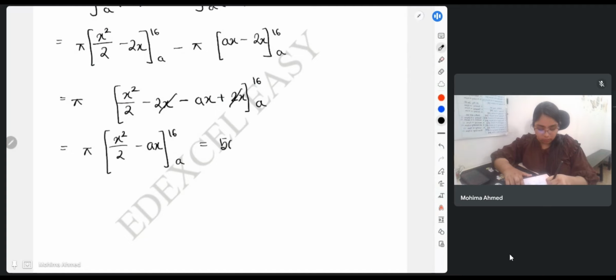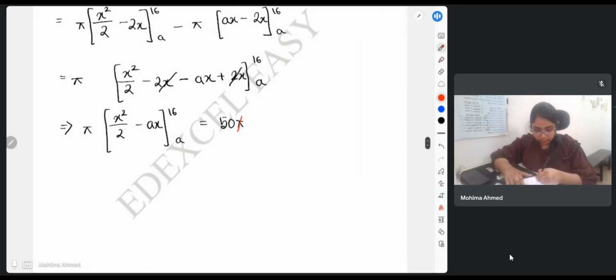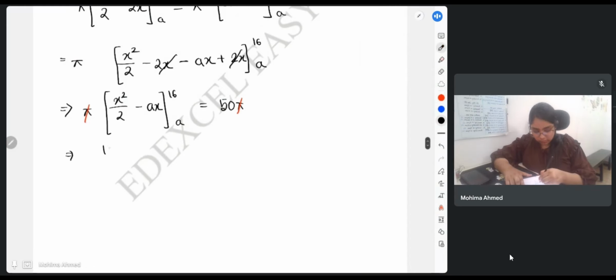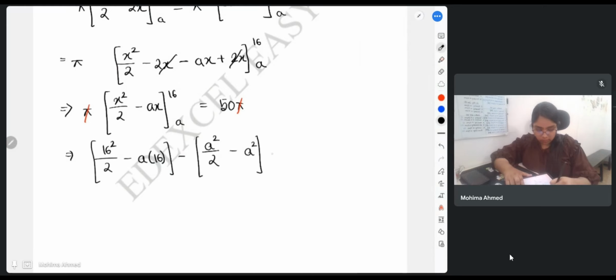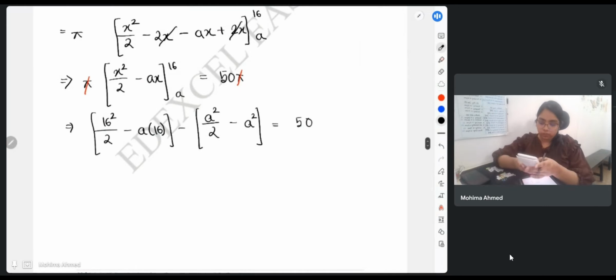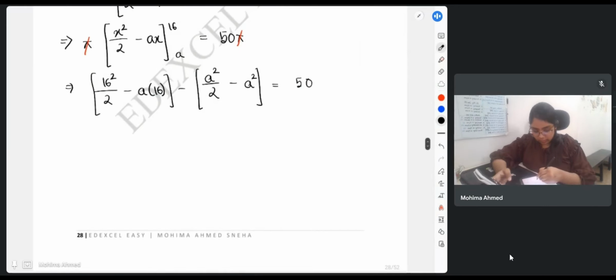Also, it was already provided that the volume was 50 pi. So you can clearly understand that this pi and this pi will cancel each other. Now you have 16 square divided by 2 minus a times 16, and a square by 2 minus a square, and this is also equal to 50. 16 square divided by 2 is 128.